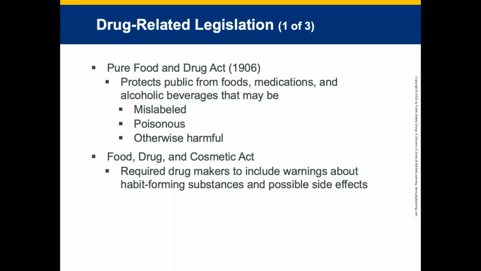The Food, Drug, and Cosmetic Act of 1938, which was amended in 1952 and 1962, required drug makers to label their products indicating whether they contain potentially habit-forming substances and to include warnings about possible side effects. This authorized creation of the FDA. It also mandated that dangerous drugs could be dispensed only by prescription.